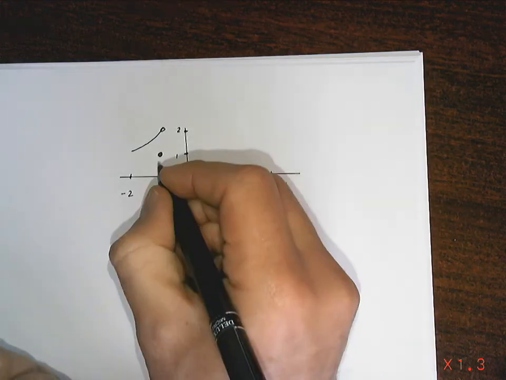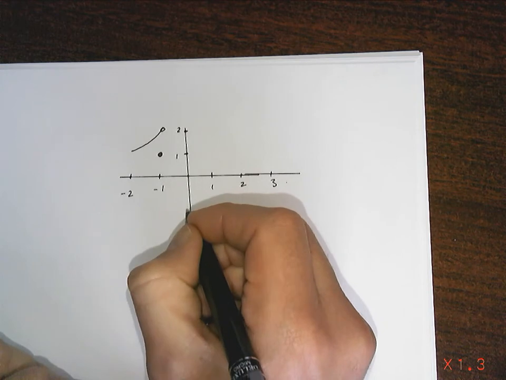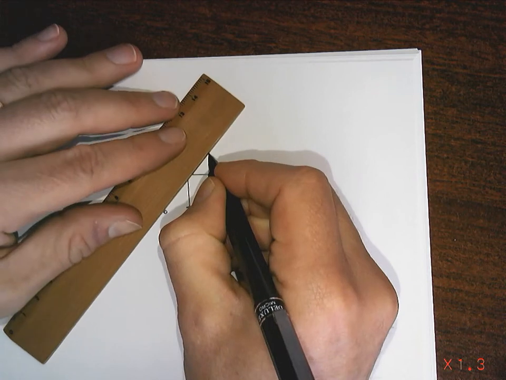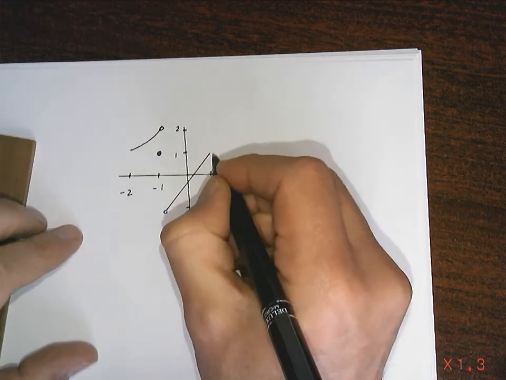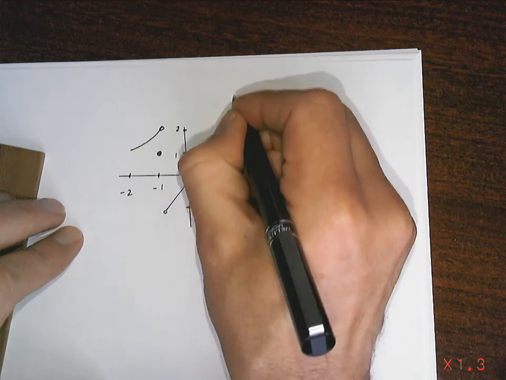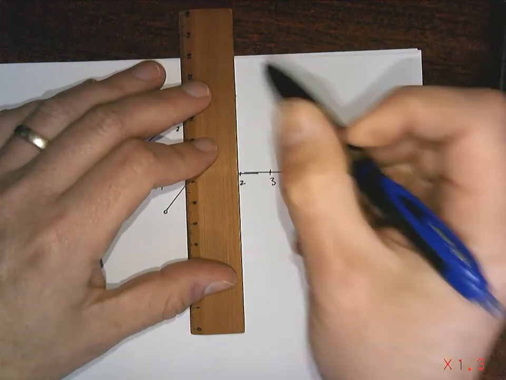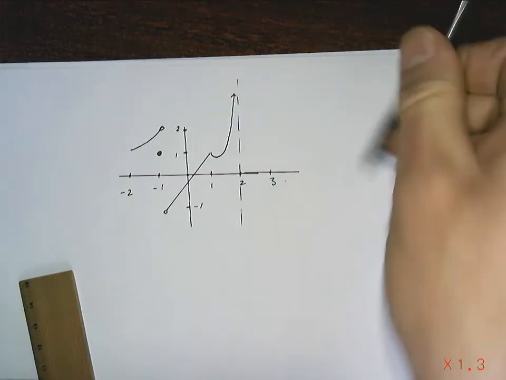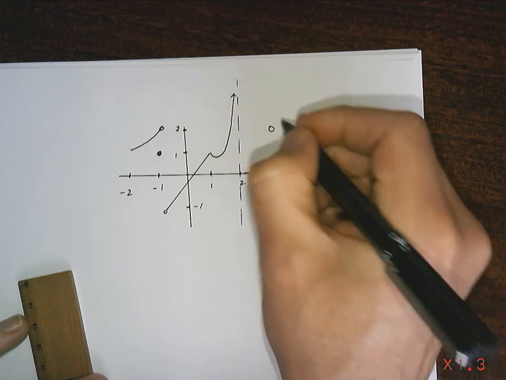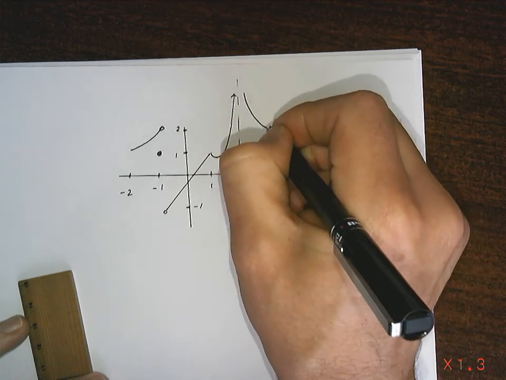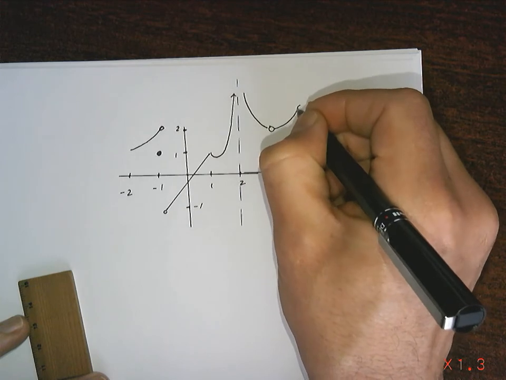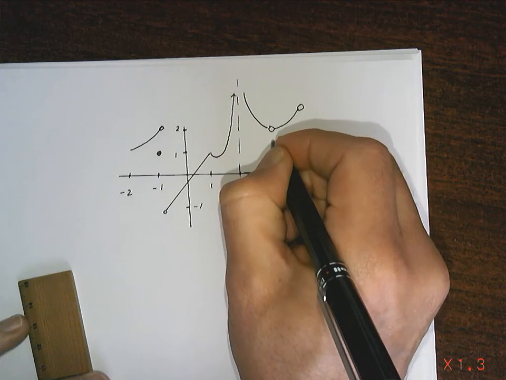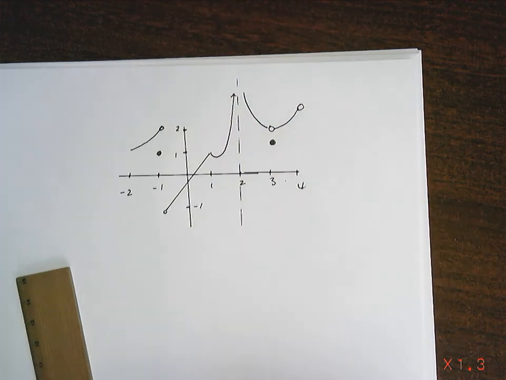Let's put an open dot here. Let's go up to there. Let's take off like that. Let's put a vertical tangent in here. And let's come down, and let's take off, and let's put this one here.